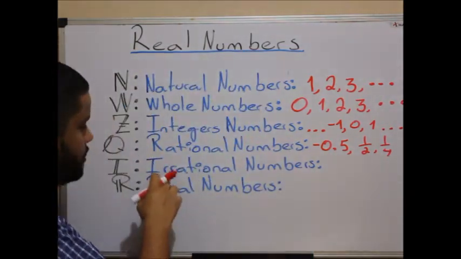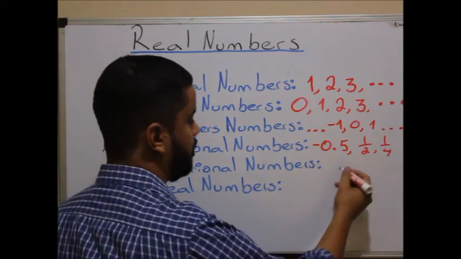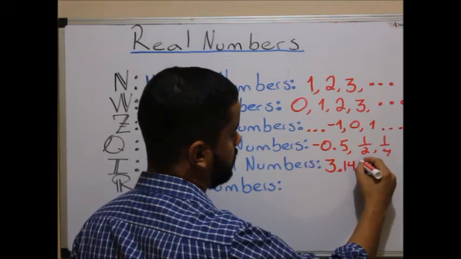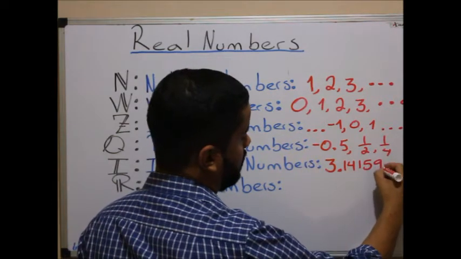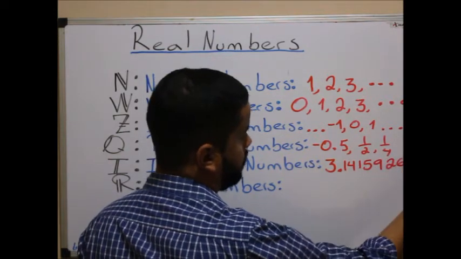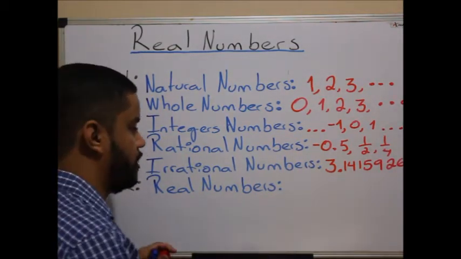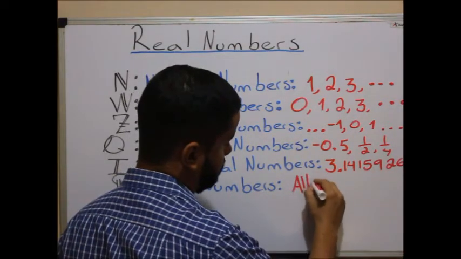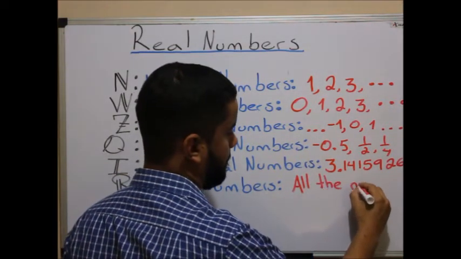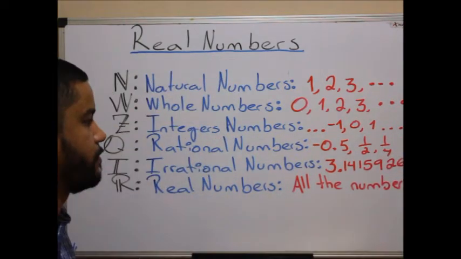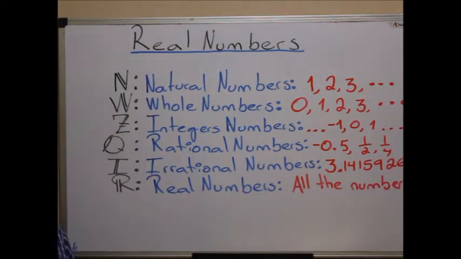The irrational numbers are numbers like pi, which is 3.14, and we can continue adding decimals. And the real numbers are all the numbers.